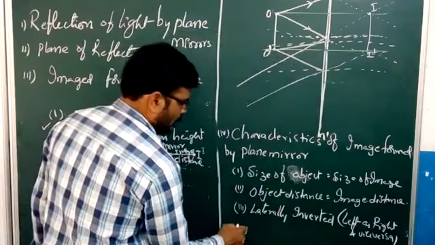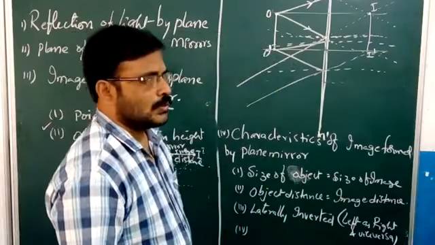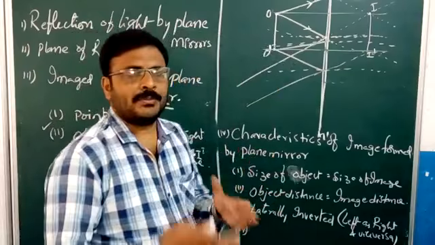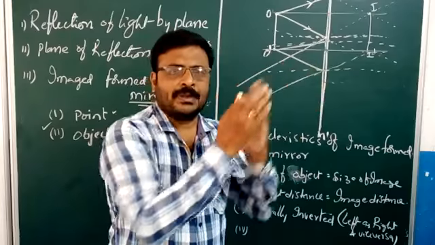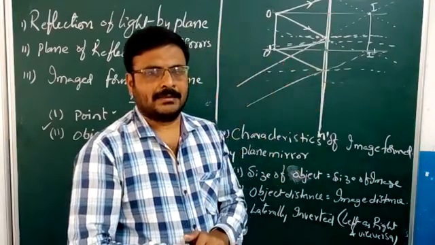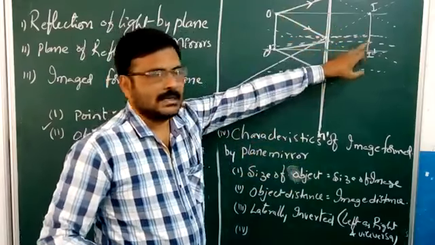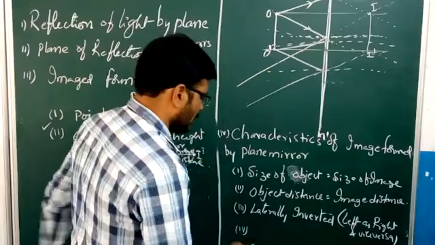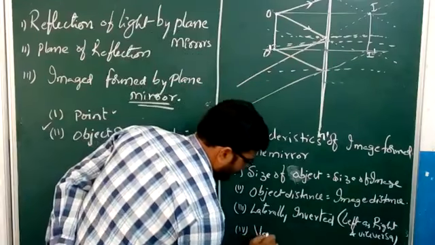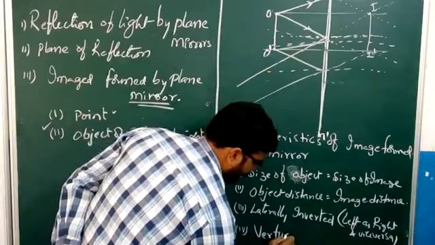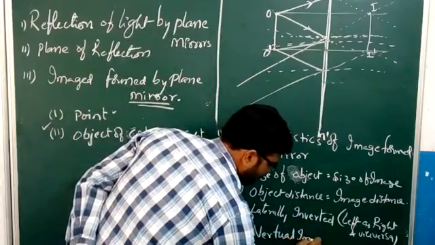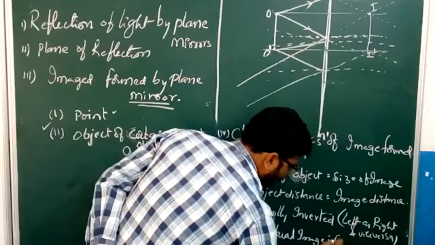Then the fourth one, the image formed cannot be obtained on the screen. That means whatever image is forming over here cannot be obtained on the screen, and is called a virtual image. Virtual image is formed.